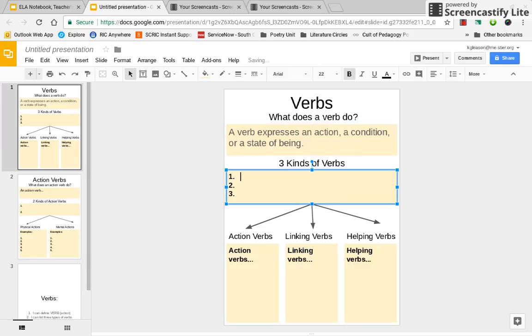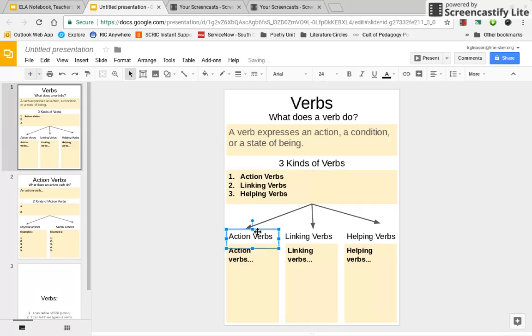The first one is called action verbs. The second is called a linking verb. And the last are helping verbs. And you'll see that those are also right here, action, linking, and helping. So what are they? What's the difference between them?